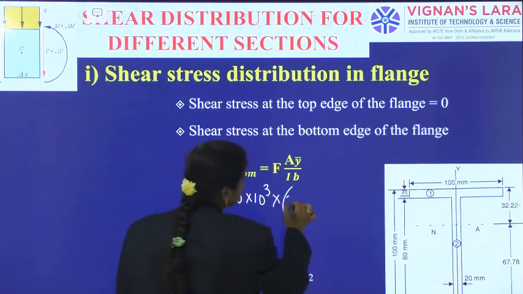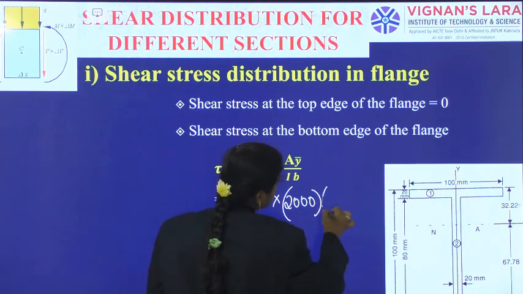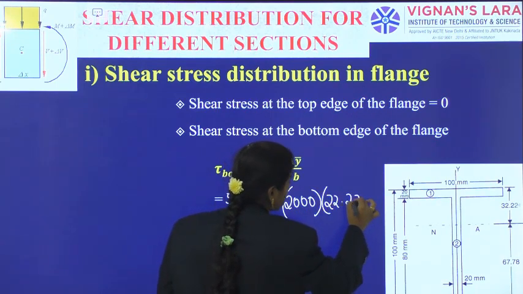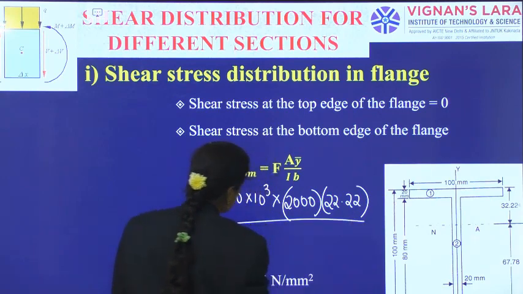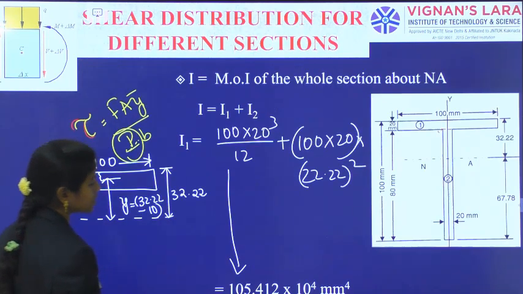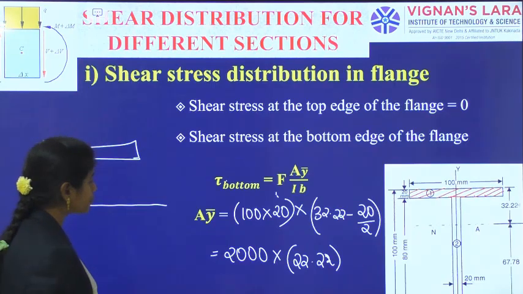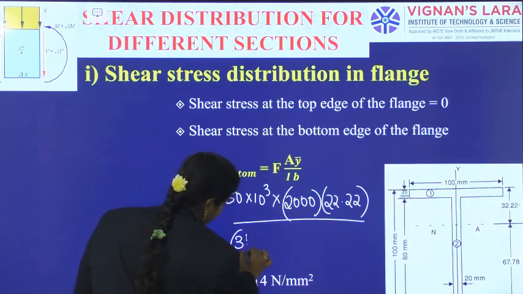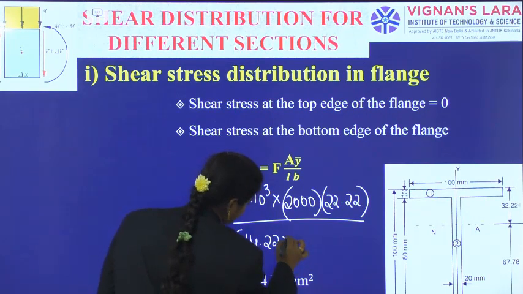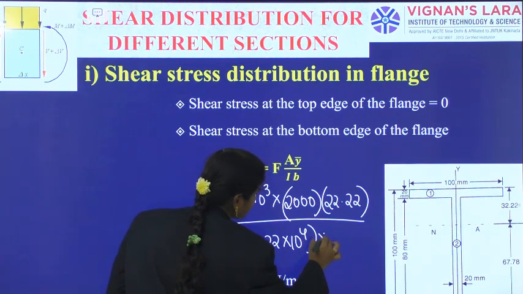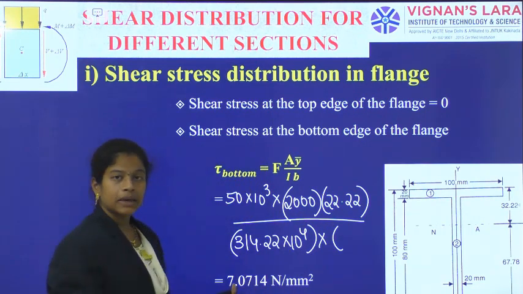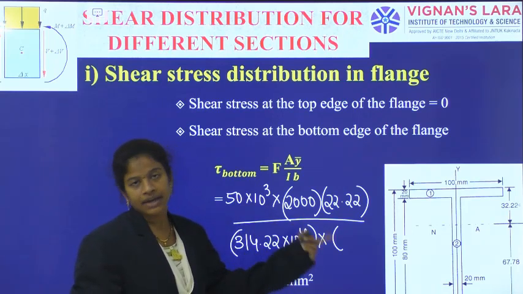A into y bar we have got as 2000 into 22.22, divided by I, moment of inertia of the whole section. We have got the answer as 314.22 into 10 power 4. And the B means width of the beam at the level I am calculating the shear stress.